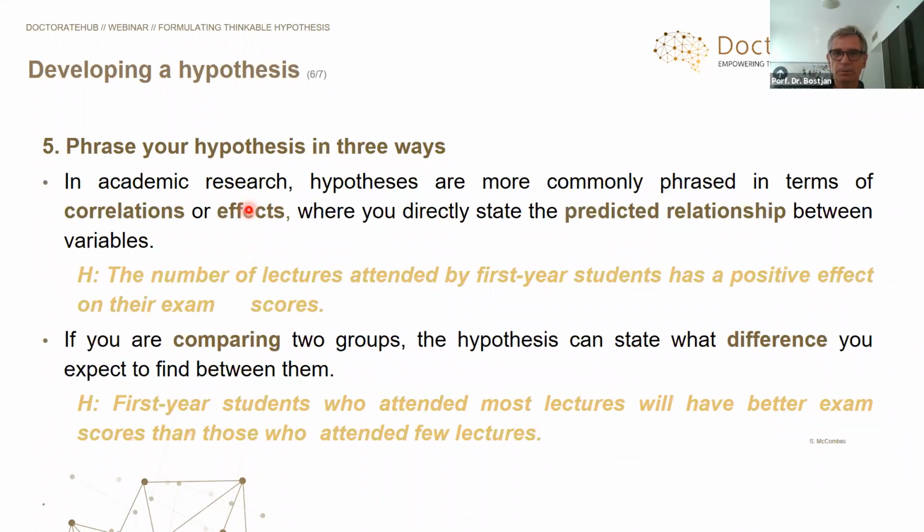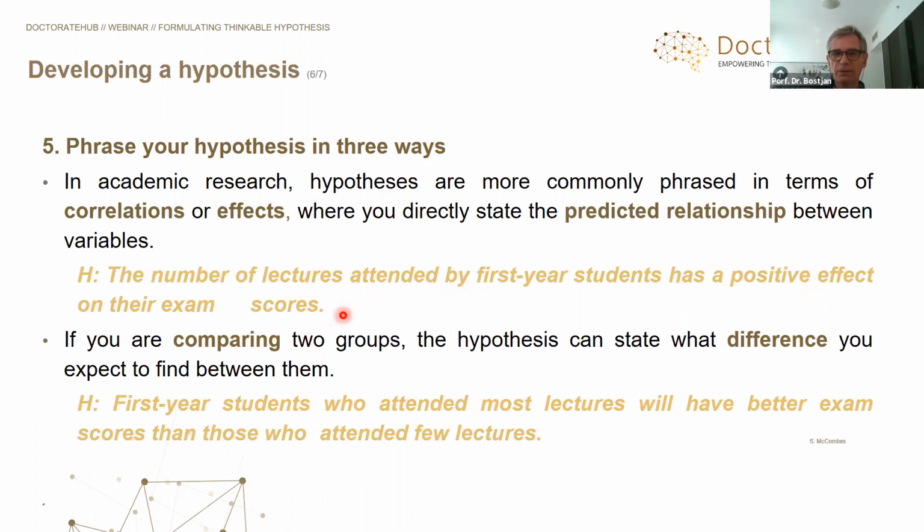The other way is usually that we are talking about correlations or effects. That means, as I mentioned before, we are predicting a correlation or we are predicting an effect. For example, the number of lectures attended, meaning you can measure how many lectures the student has attended, has a positive effect on their exam scores.